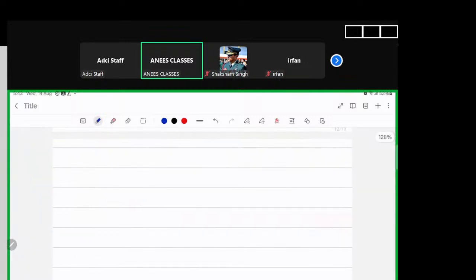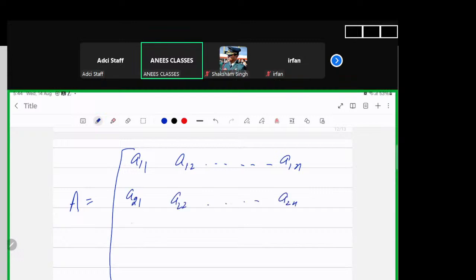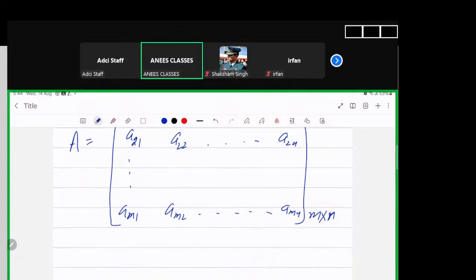So I will form a collection of data like that: A11, A12, dot dot dot, A1n; A21, A22, dot dot dot, A2n; Am1, Am2, dot dot dot, Amn. The size of this is m by n.